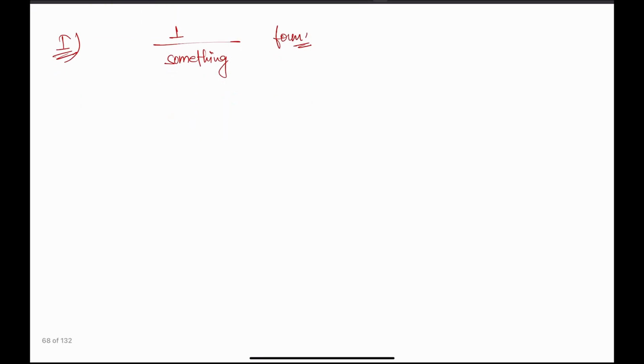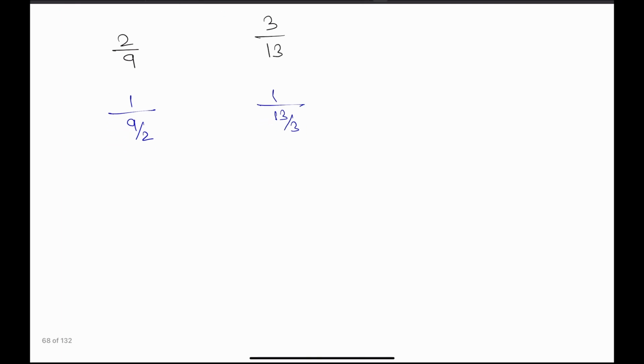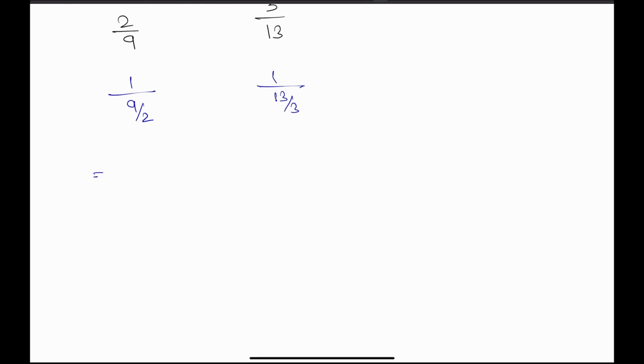So what is this 1 by something? If someone asks me, tell me which is bigger, 2 by 9 or 3 by 13? How can I rewrite this? 2 by 9, I can write as 9 by 2, again the 2 will go above. And 3 by 13 will be 13 by 3, sorry, 13 by 3, right, I was right. So 9 by 2 is what? We already remember 4.5, and here 13 by 3 is what?